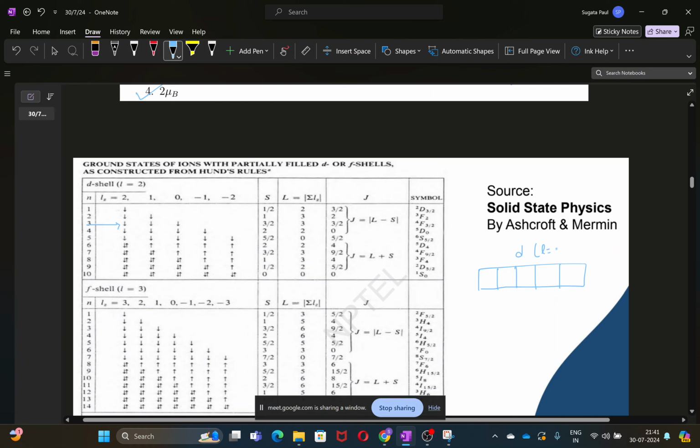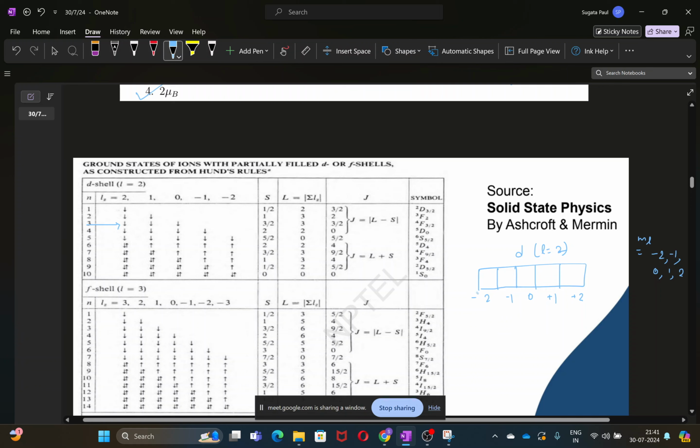So if L equal to 2, then ML can take values from minus L to plus L in intervals of 1. That means it can take values of -2, -1, 0, +1 and +2. All these values give rise to a single compartment, and that's why you get 5 compartments for 5 values of ml.